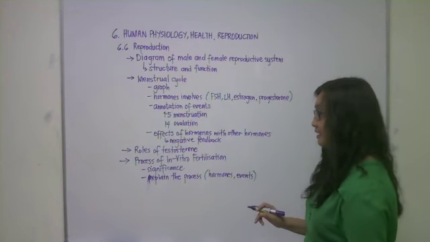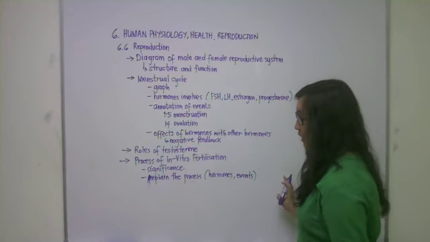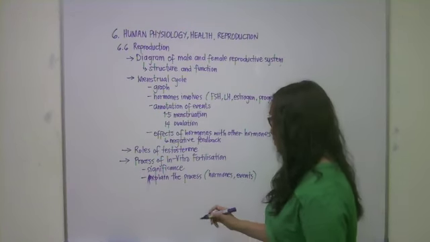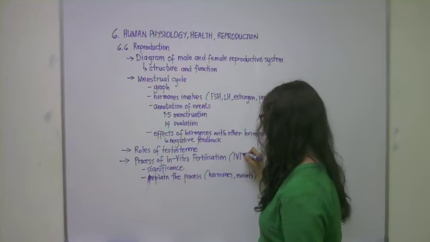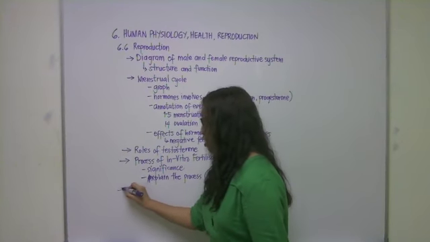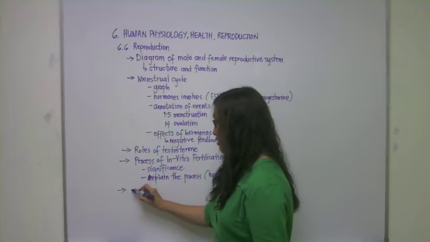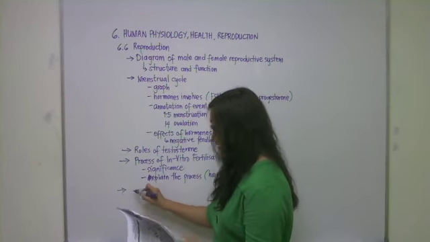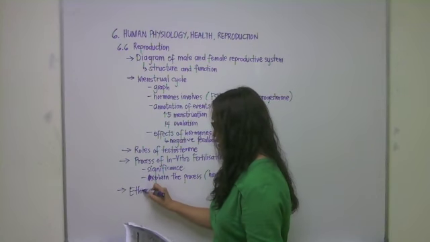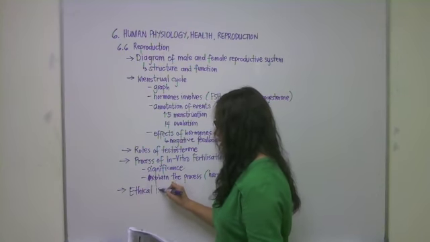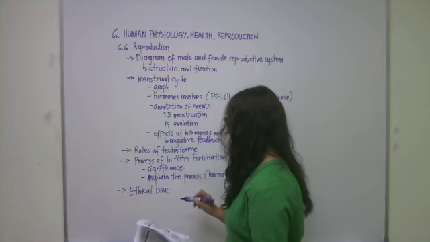Okay, so last but not the least, once we have explained the process of in vitro fertilization or IVF, there are also ethical issues, or things that are going to be raised in relation to this area.